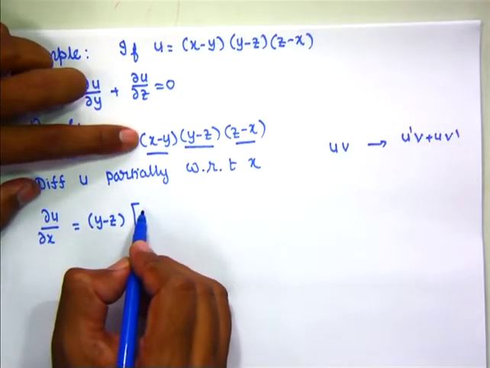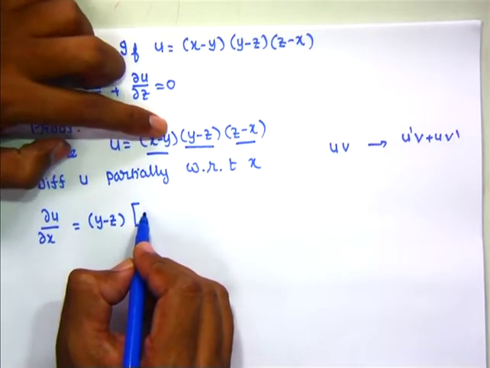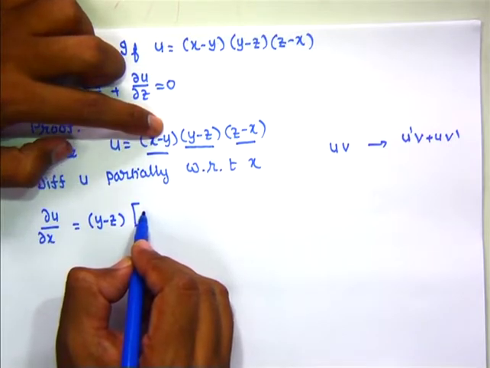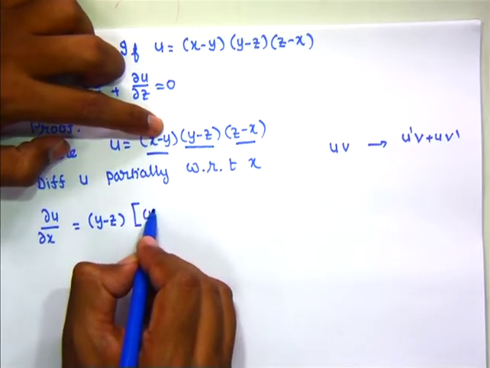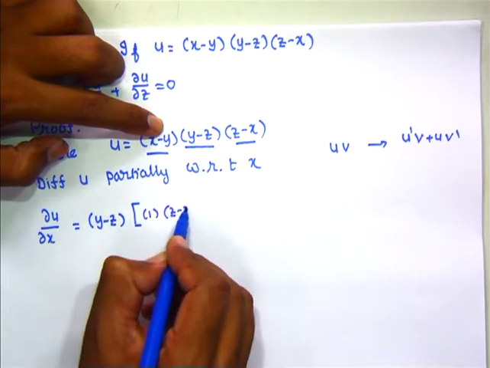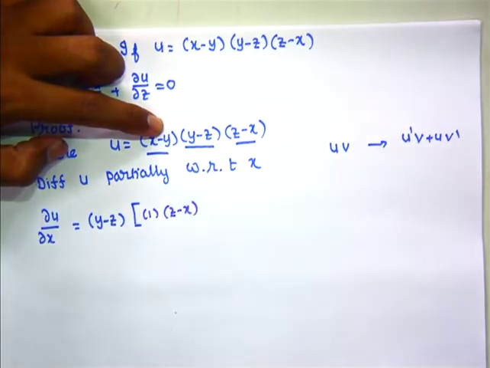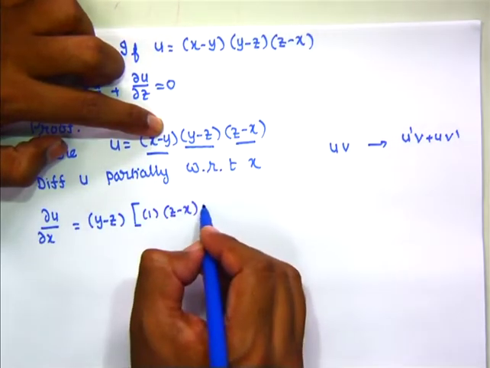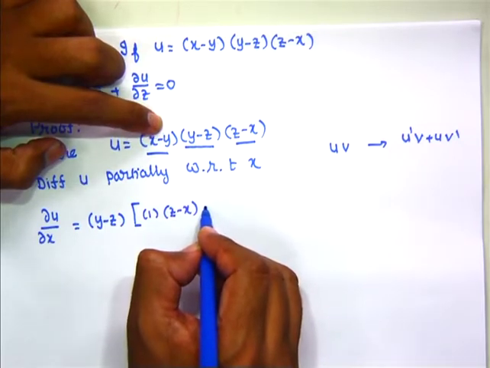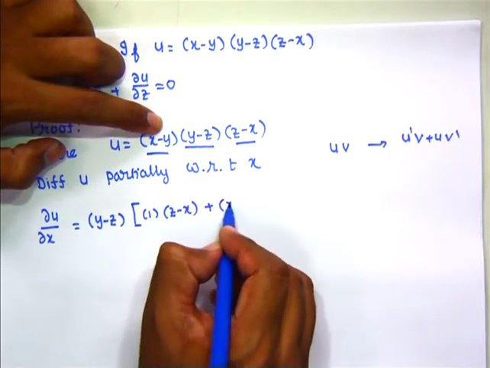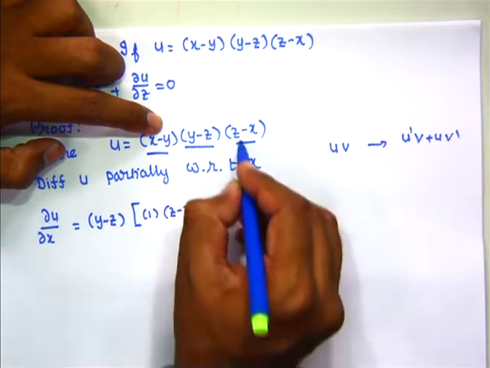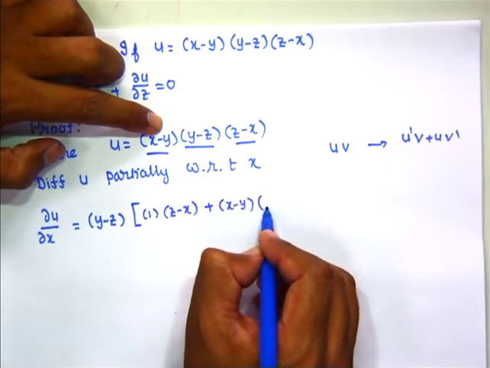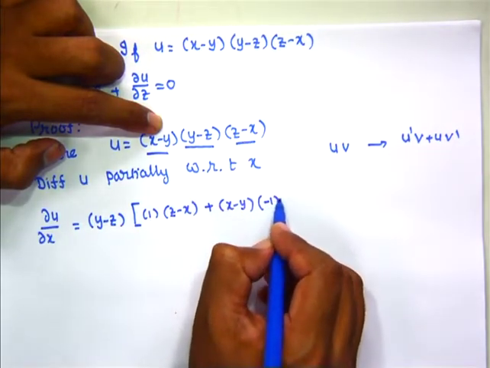So the derivative of x minus y with respect to x is 1 and z minus x is fixed for that term, then plus x minus y is fixed, and the derivative of z minus x with respect to x is minus 1.